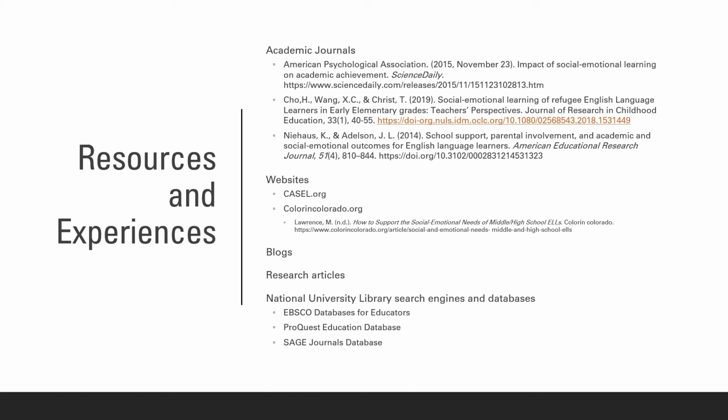And then we also have another website or blog site, which is Colorín Colorado. This site is specifically geared towards English language learning and strategies that would help teachers implement and practice into their instruction.